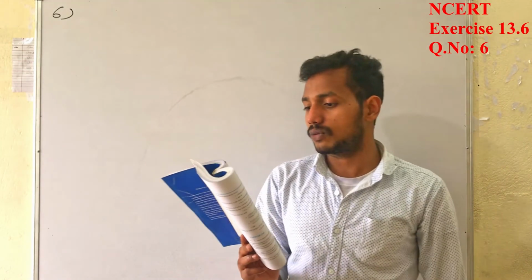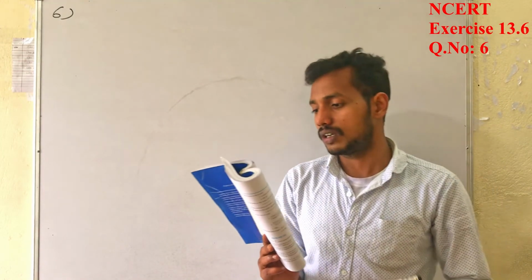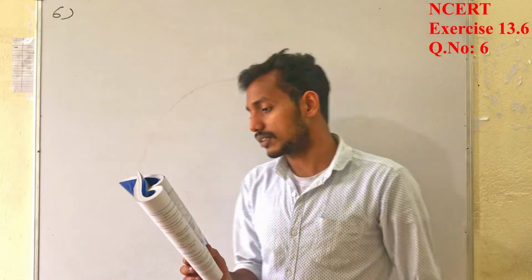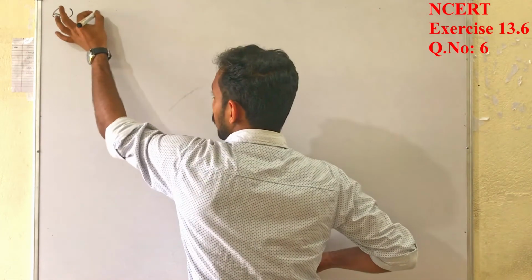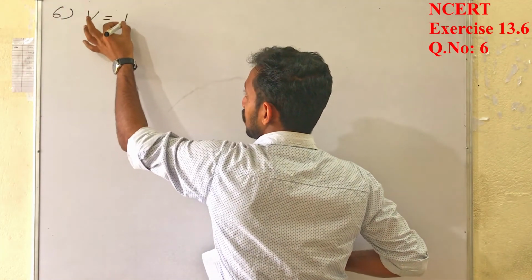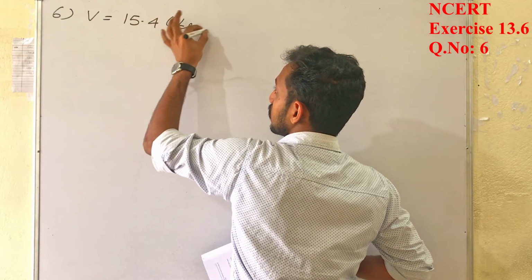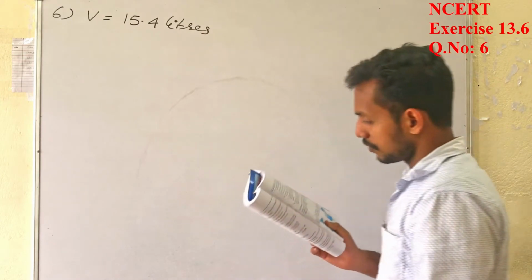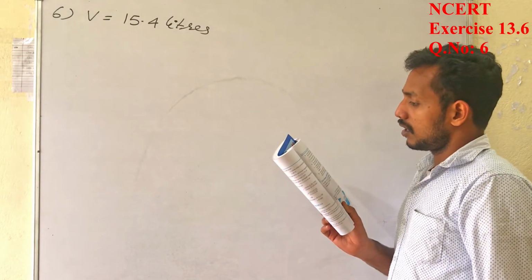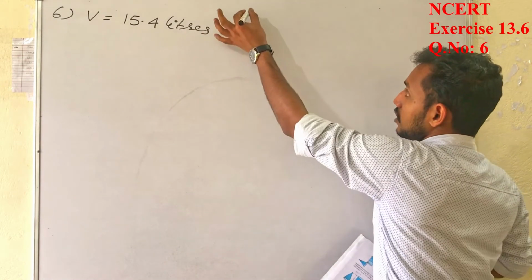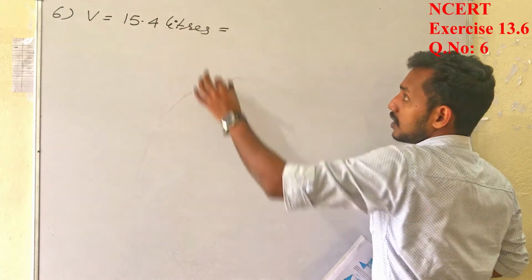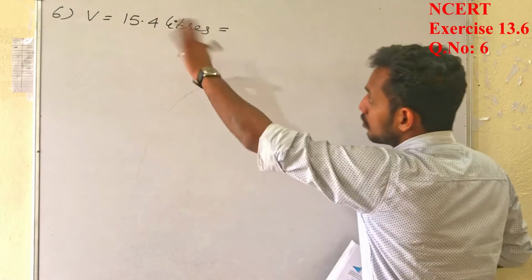Next, question number 6. The capacity of a closed cylindrical vessel of height 1 meter is 15.4 liters. So the volume given is 15.4 liters. Height is 1 meter. That means it is better to convert this liter into meter cube.